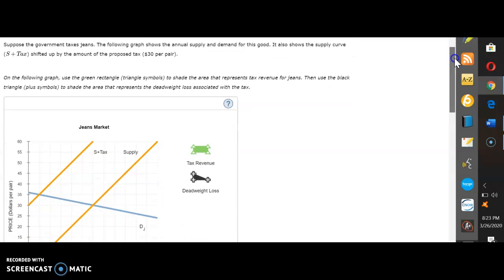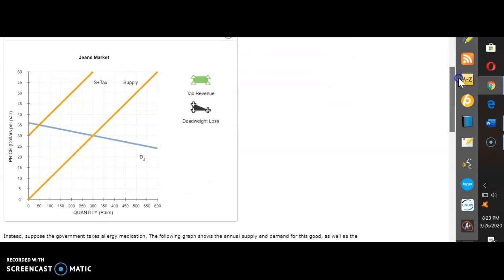So here we go. Let's look at the jeans market. Now, for producers to continue to produce 300 units, they're going to have to net $30, okay? Because that's where the original equilibrium is. At $30, they're willing to produce 300.